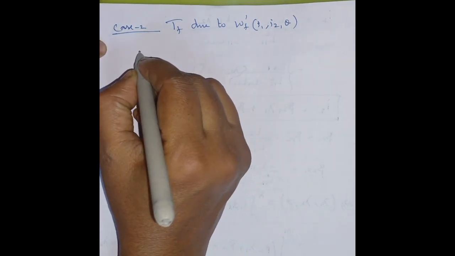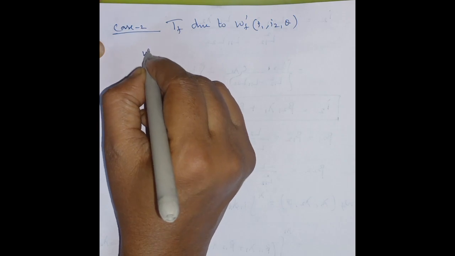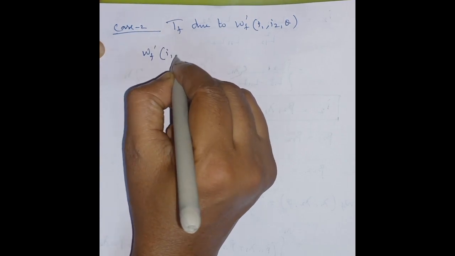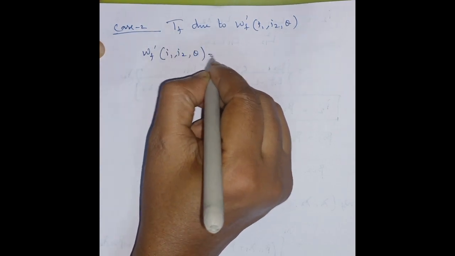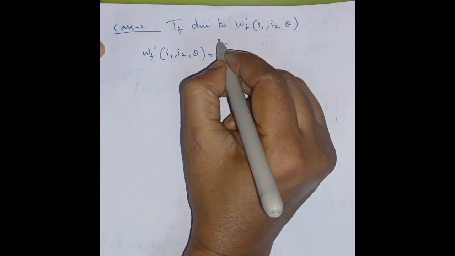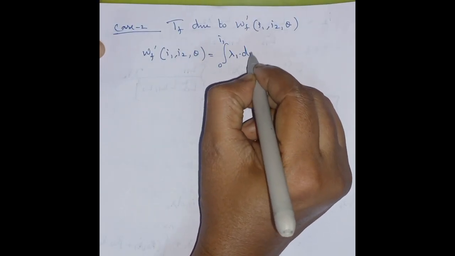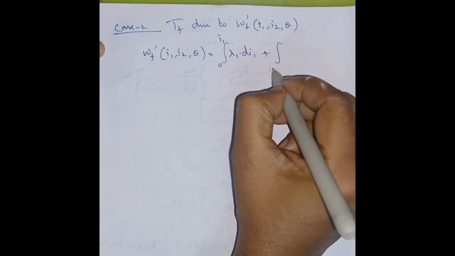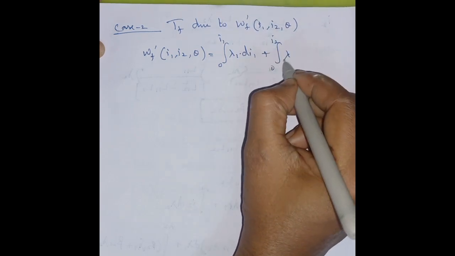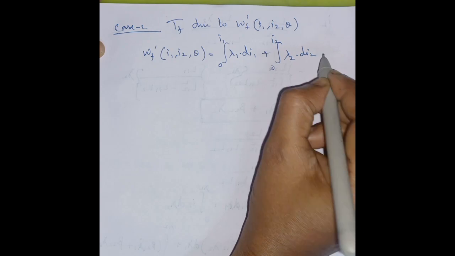Just as we found WF, in the same way WF dash of I1, I2, theta is equal to the integration from 0 to I1 of lambda 1 di1, correct, plus 0 to I2 of lambda 2 di2.